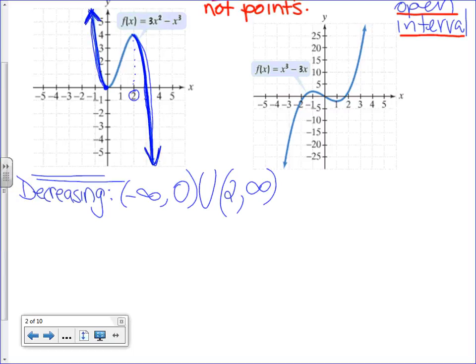I'm sorry, increasing. Oh, let me use another. So for increasing, we see that the function is increasing here, right? And so again, we're going to consider the x values, all right? So we're going to start here.